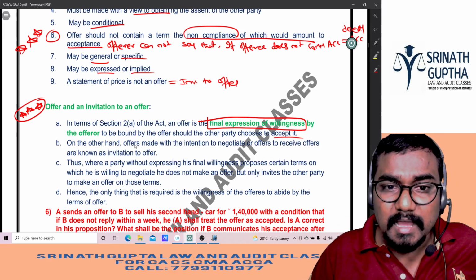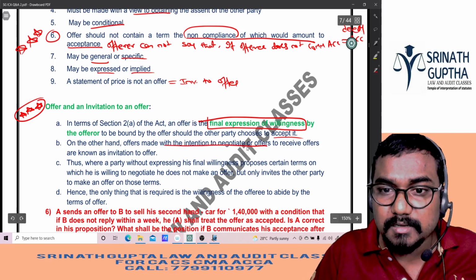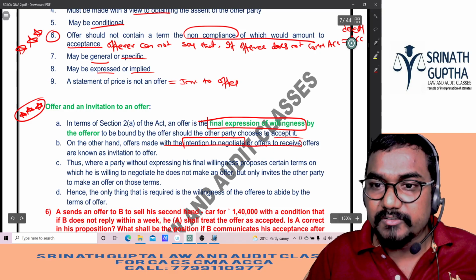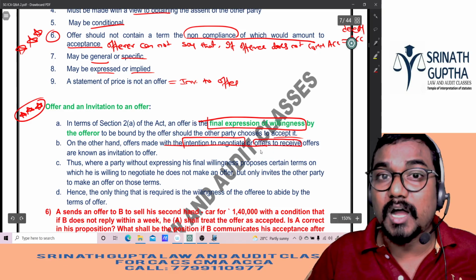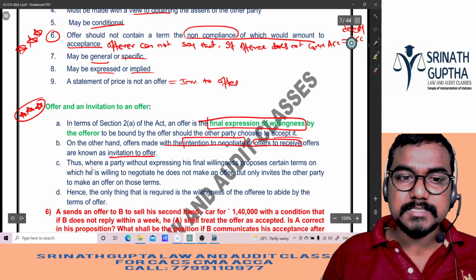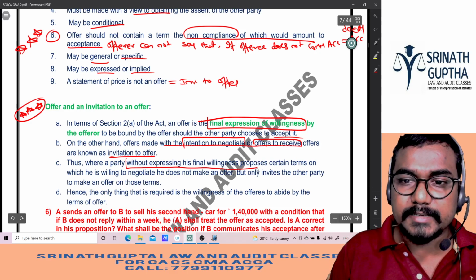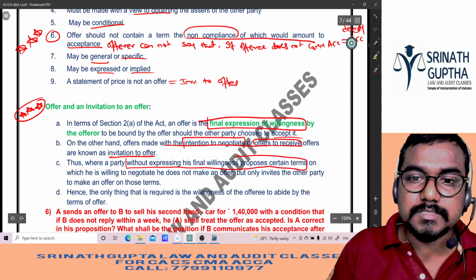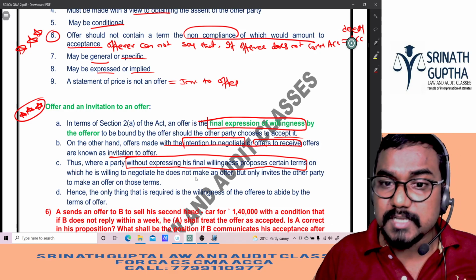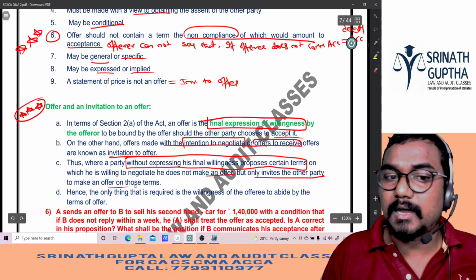On the other hand, an invitation is made with the intention to negotiate or to receive offers. I want to receive the offer from you. So they are known as the invitation to offer. Thus, where a party without expressing his final willingness proposes certain terms on which he is willing to negotiate, he does not make the offer but only invites the other party to make the offer.